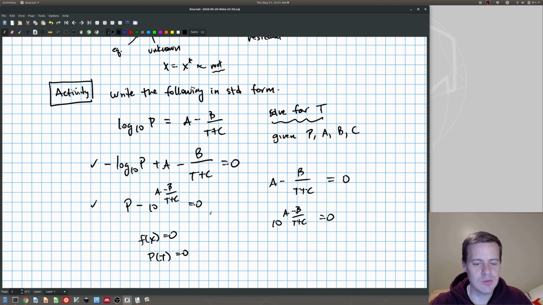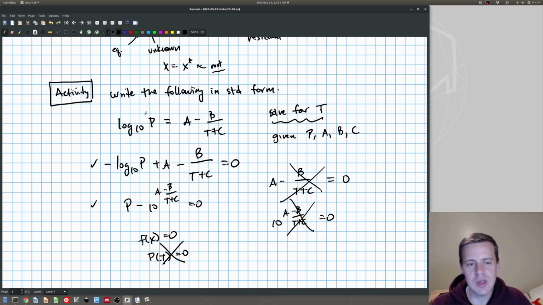But that's wrong. Don't do this, don't do that. You want to move everything over to be 0. If I solve for where this guy equals 0, I'm finding where the pressure is 0. I'm taking the log of that and setting that equal to 0, which would be funky anyway. I don't want to do that.